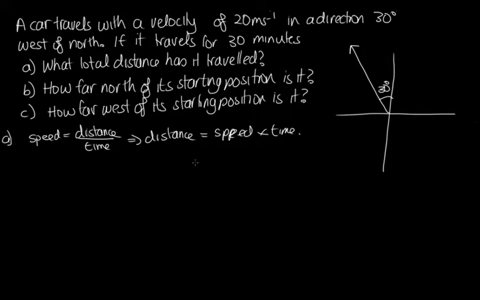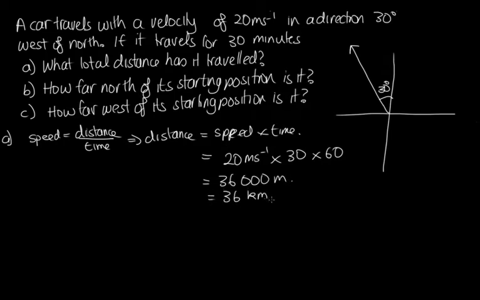So this is part A, and so the speed is 20 meters per second, and the time, we need to put the time in seconds, so we've got 30 minutes, and so that's 30 times 60 seconds. So solving this on the calculator, we end up with 36,000 meters, which is equal to 36 kilometers. So this distance here is 36 kilometers. Let's just add it to our diagram.